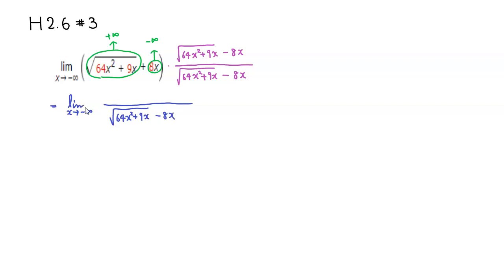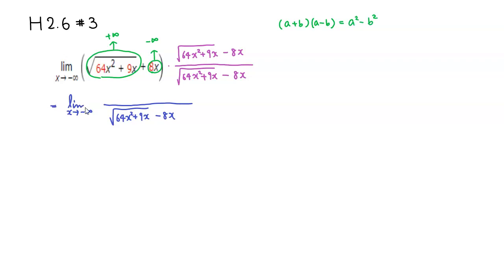On top, when you have a plus b times the quantity a minus b, you get a squared minus b squared.